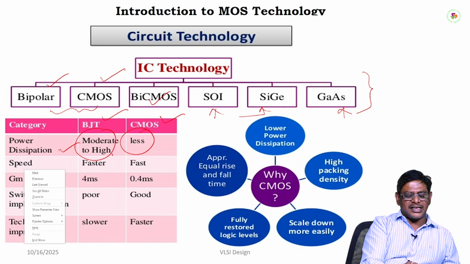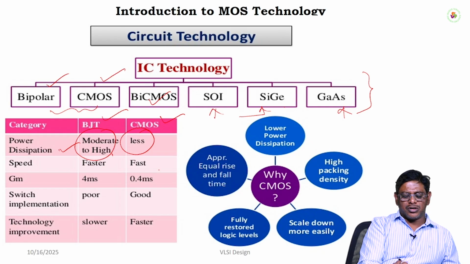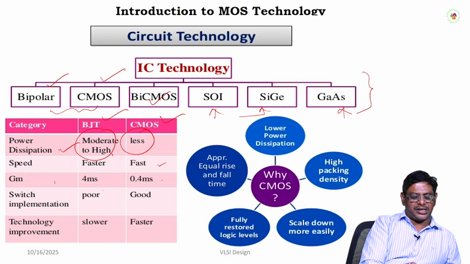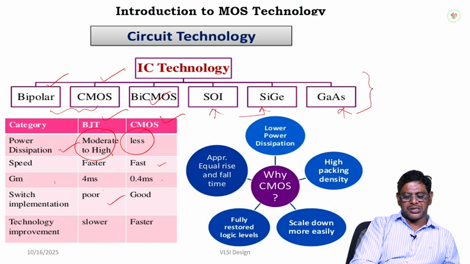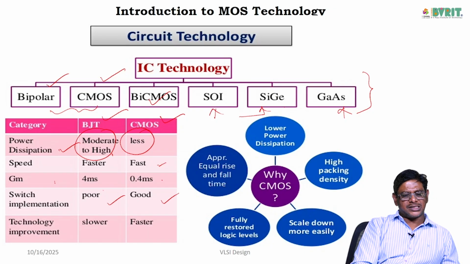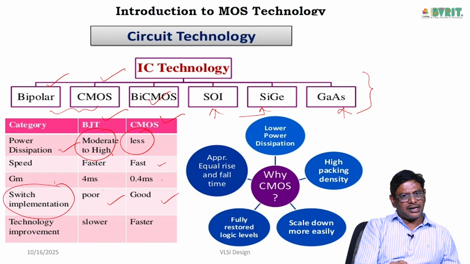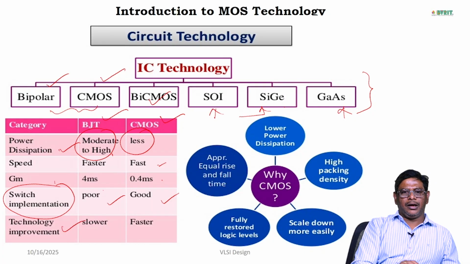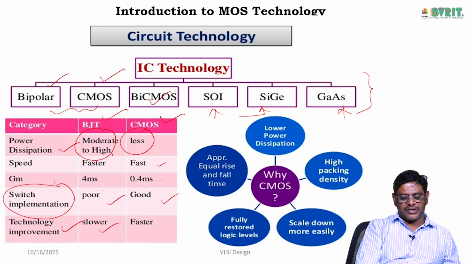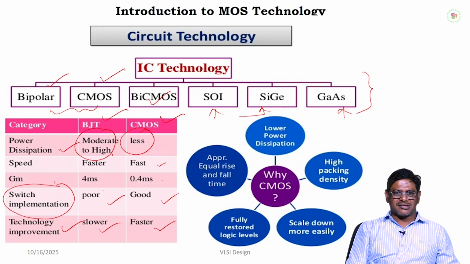Coming to speed, BJT is faster, whereas CMOS technology is slower. For transconductance, it is 4 millisiemens in BJT and 0.4 in CMOS. When it comes to switch implementation, BJT is poor in its operation, whereas CMOS is effective in its functionality. Switch implementation is the first thing we consider whenever we go for functionality measurements. Then, BJT is lower in technology, whereas fast CMOS is faster.